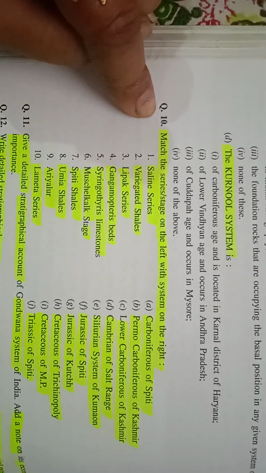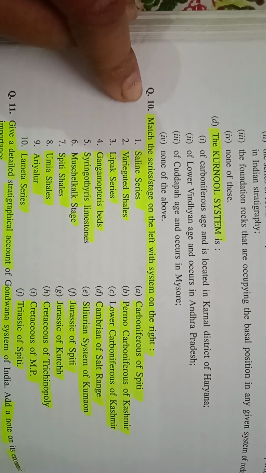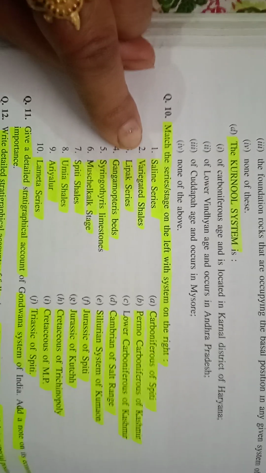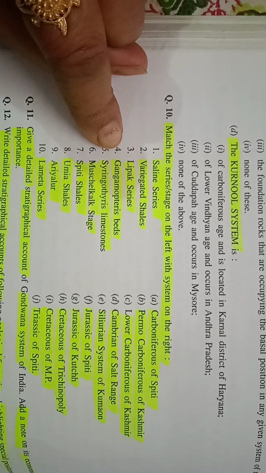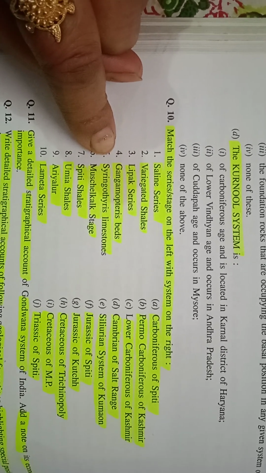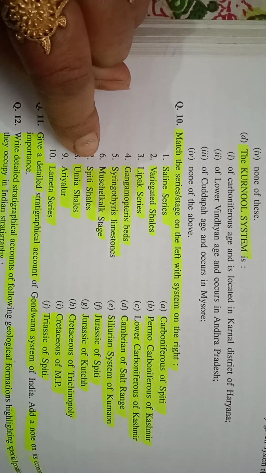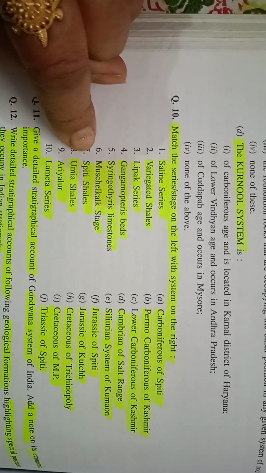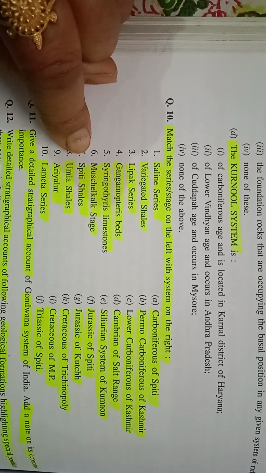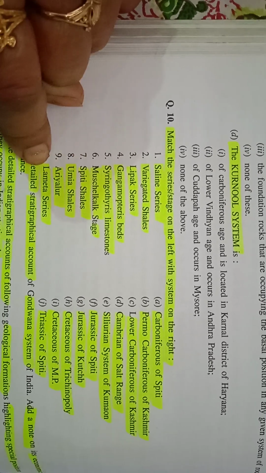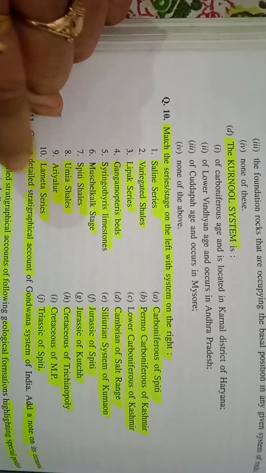Question 10, match the series or stage on the left with the systems on the right. Saline series, variegated cells, Lipak series, Gangamopteris beds, Stringocephalus limestones, Muschelkalk stages, Spiti shales, Umia cells, Lameta series.